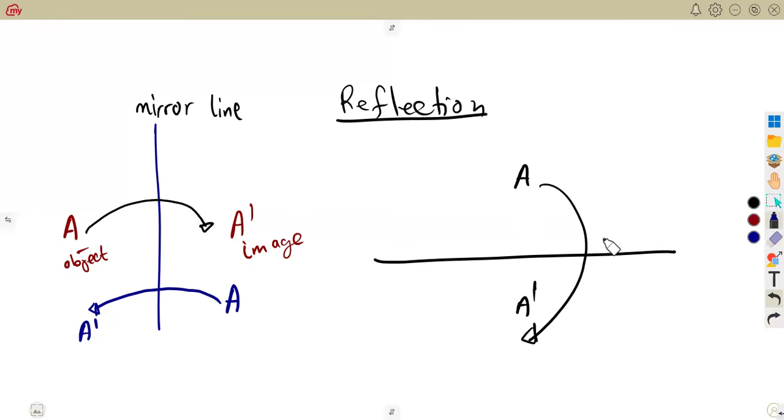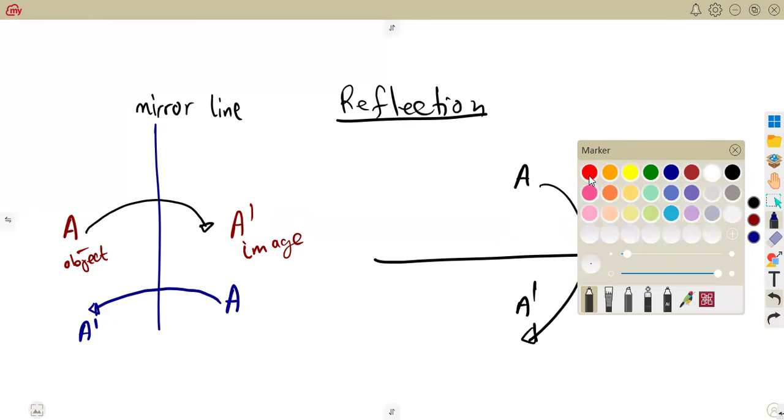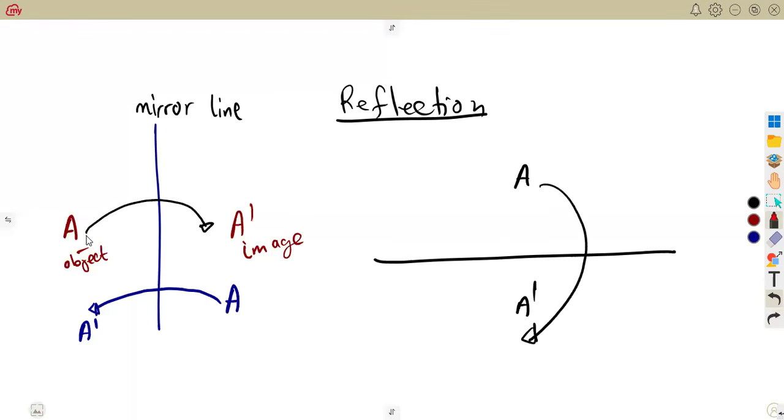So with this type of reflection that is happening, you are going to notice that as the point is being transformed from A to A1, it is moving in a straight line to where it is. So if you consider maybe this is the x-axis, let's just say this is our x-axis.